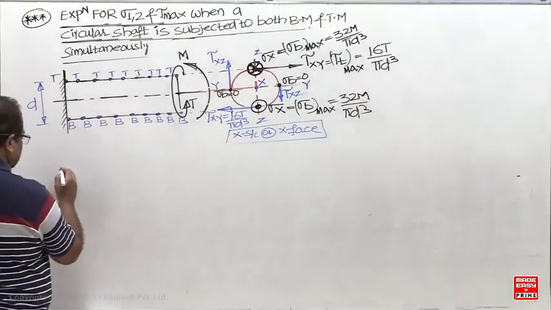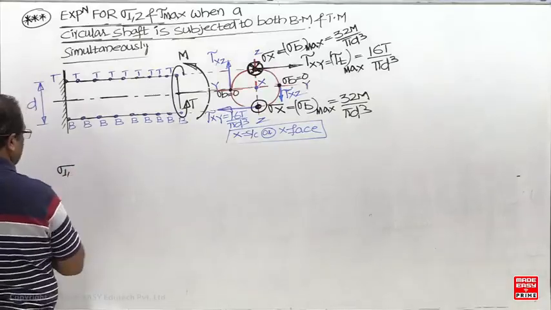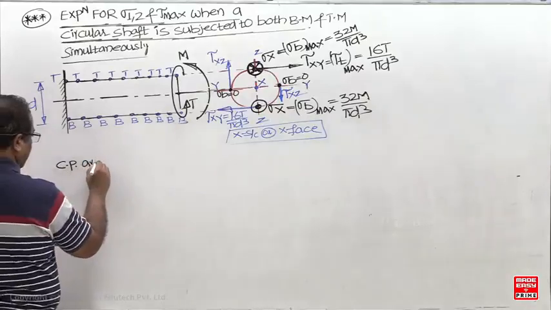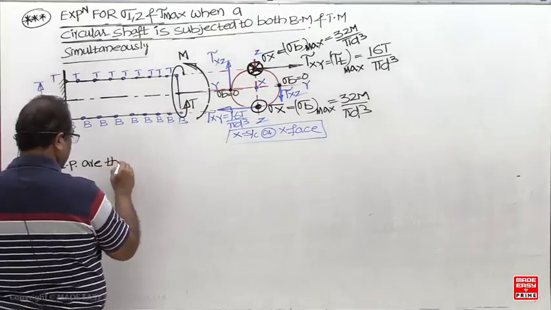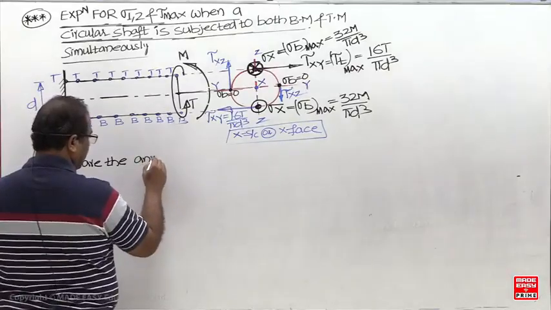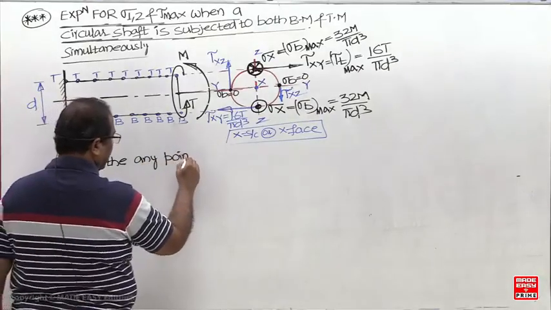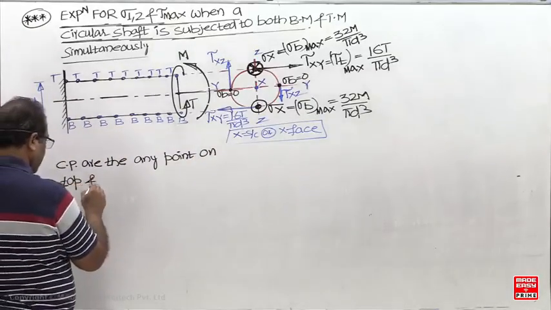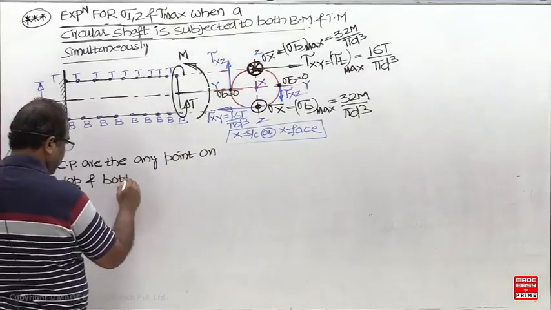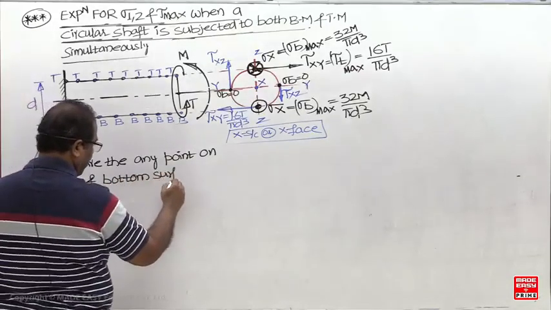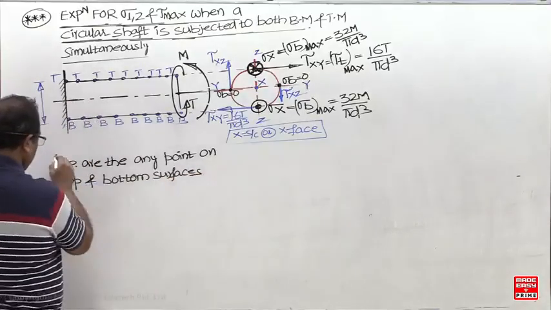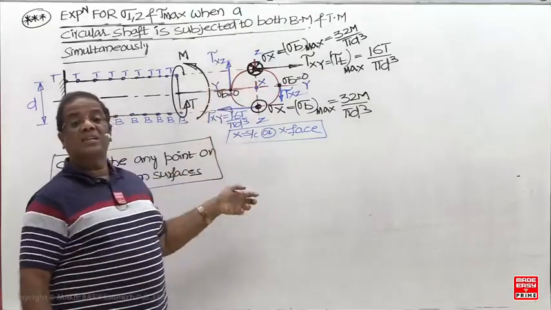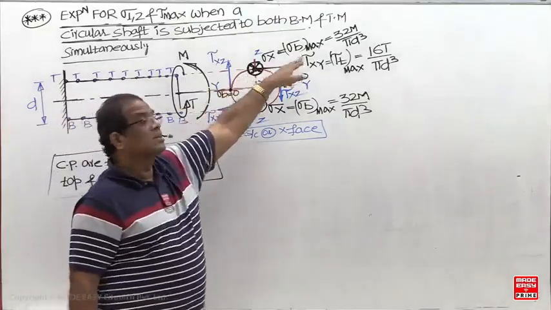Now, can you find out the principal stresses? Critical points are any point on the top and bottom. But if you ask on the cross section, what is the maximum normal stress? 32 m by pi cube.